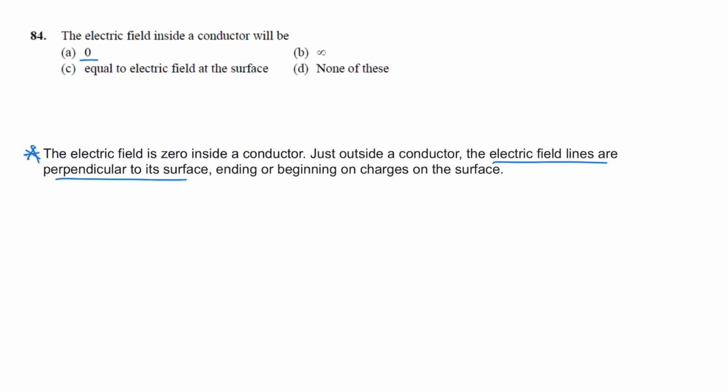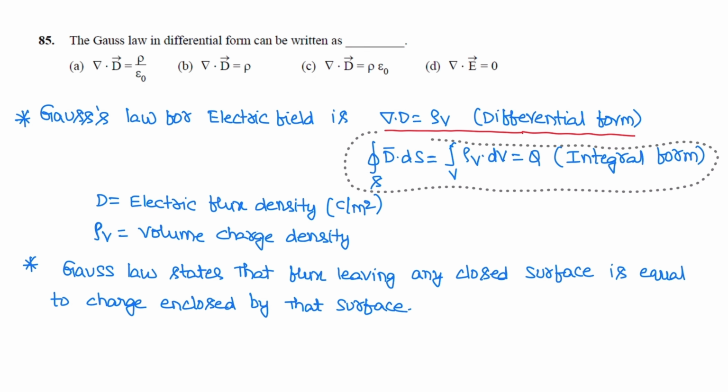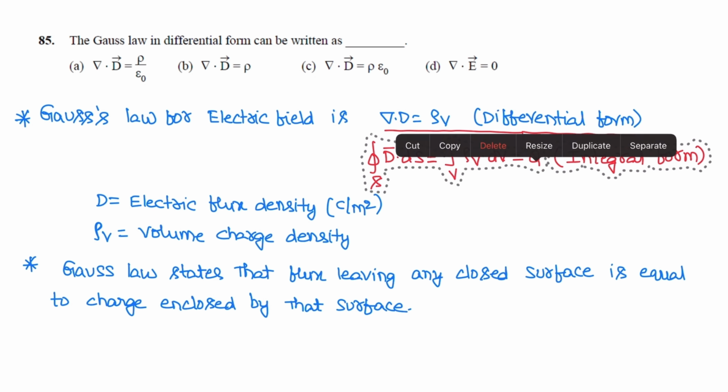Next question: the Gauss law in differential form can be written as. So the Gauss law in differential form for electric field is del dot D is equal to rho v. In integral form, the closed surface integral of D bar dot dS bar is equal to the volume integral of rho v dv, that is equal to charge enclosed.